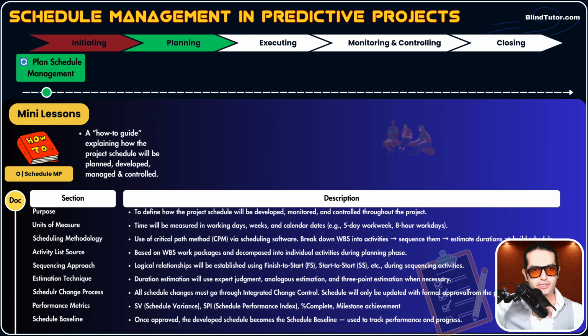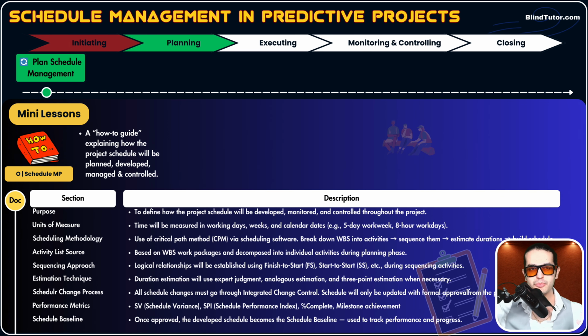The next section could be scheduling methodology. What methods or approaches or software do we use to, for example, sequence activities, to put activities in the right order? We use CPM, or critical path method. By the way, you're going to see CPM. It's a cool method. We're going to cover it. Don't worry.